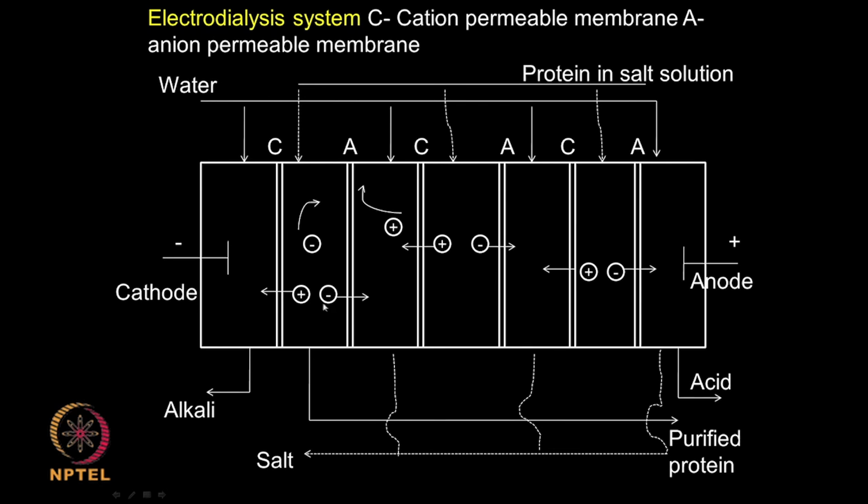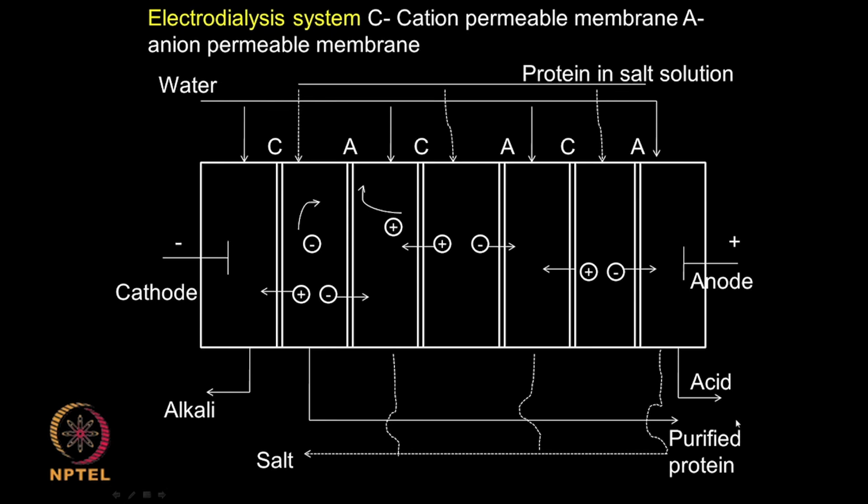When we have a positive and negative, the cation and the anion of the salt, pluses will try to go there, minuses will go there, but pluses cannot go there because it is an anion permeable membrane. So, there will be a concentration of the salts in alternate compartments and a concentration of protein devoid of the salts in the others.